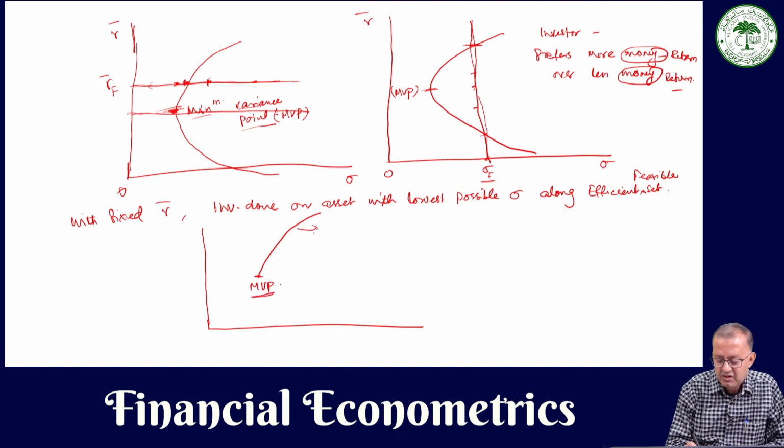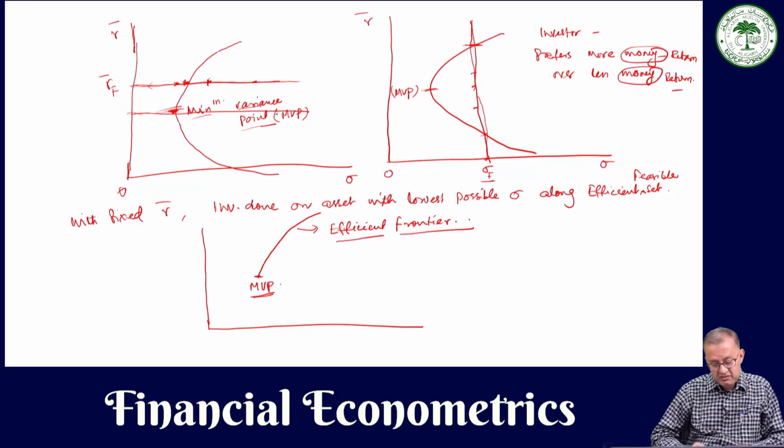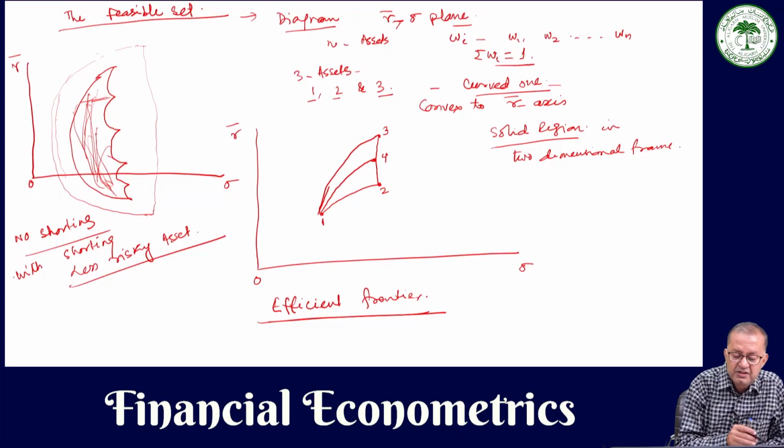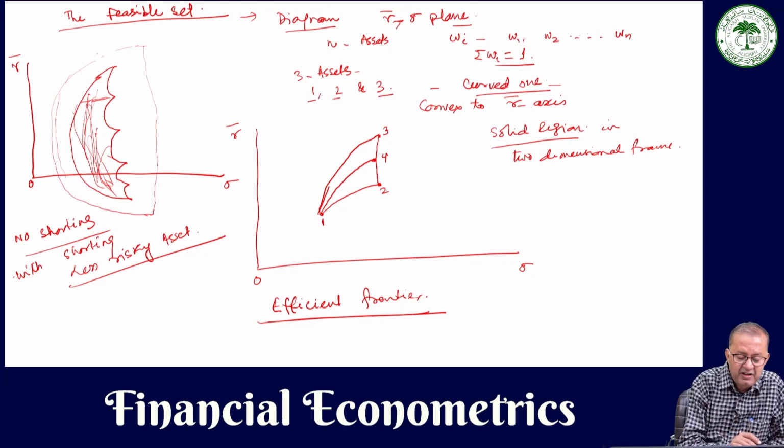So this is your efficient frontier. The efficient frontier will be decided on the basis of this. Clear? So this is all about the concept of the feasible set and the efficient frontier.